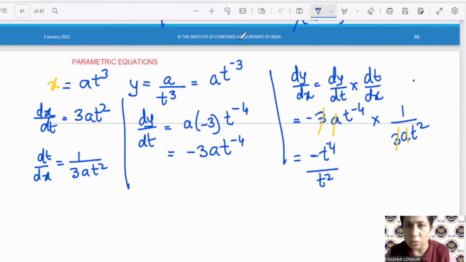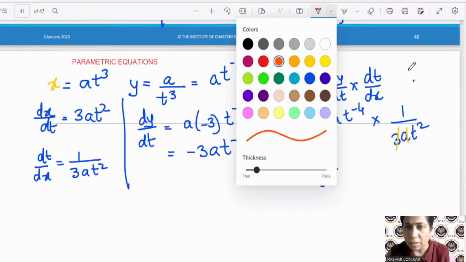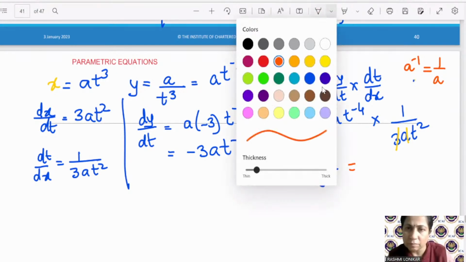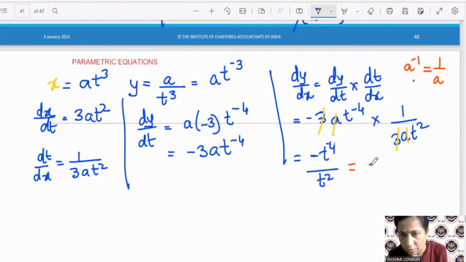Now I know a raised to minus 1 can be written as 1 upon a. So instead of this, I am writing minus 1 upon t square, which was already there, into t raised to minus 4. Minus 4 becomes plus 4 in the denominator.